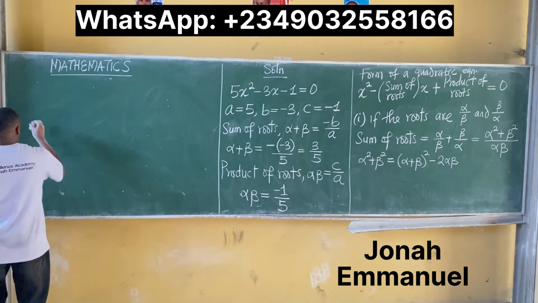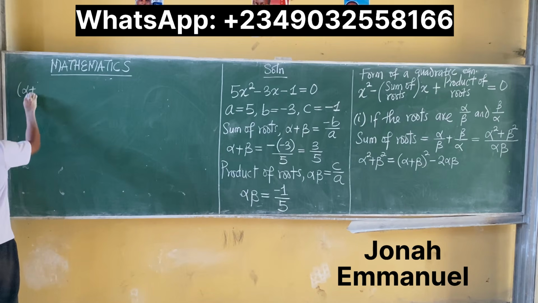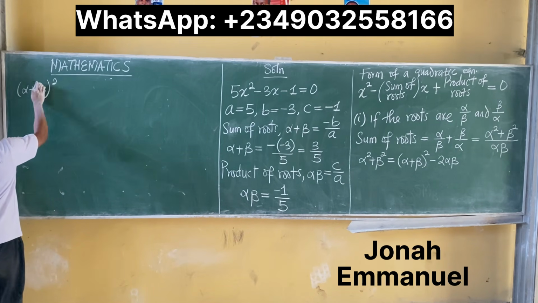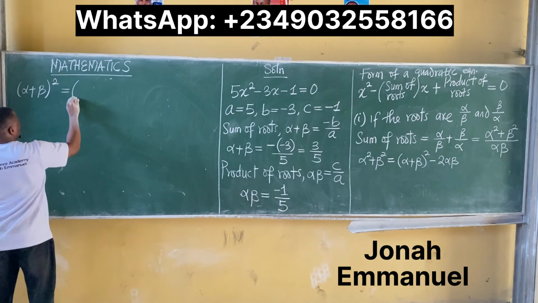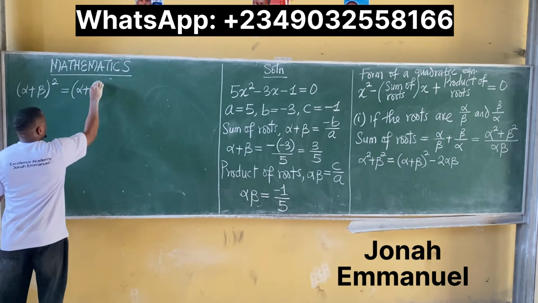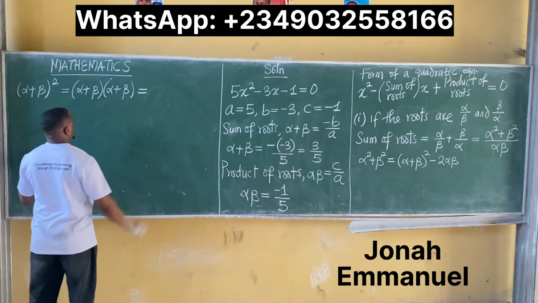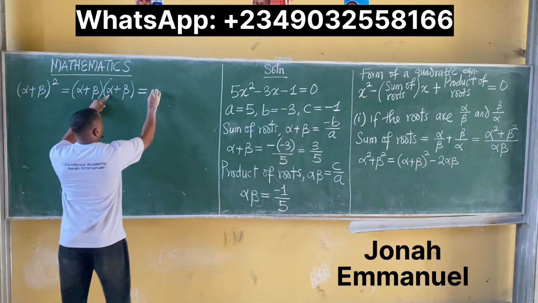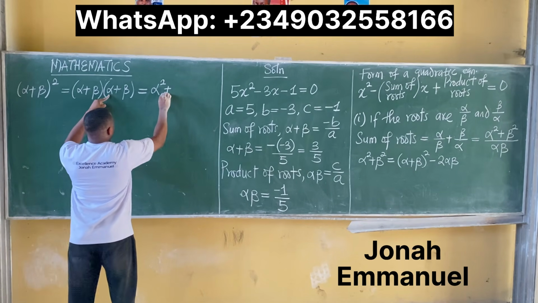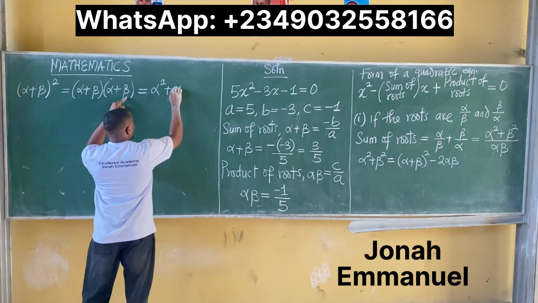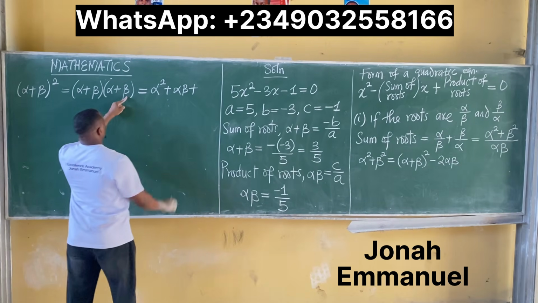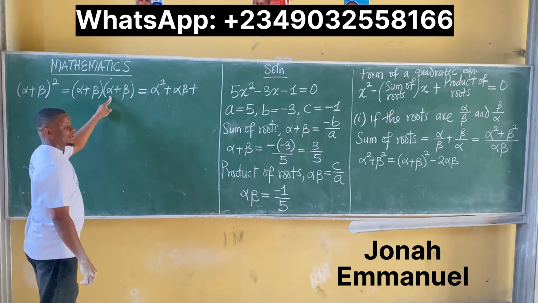Look at this. If I have alpha plus beta all squared, this simply means alpha plus beta multiplying alpha plus beta. If this multiplies alpha times alpha, alpha squared plus alpha times beta, alpha beta plus beta times alpha is still alpha beta.